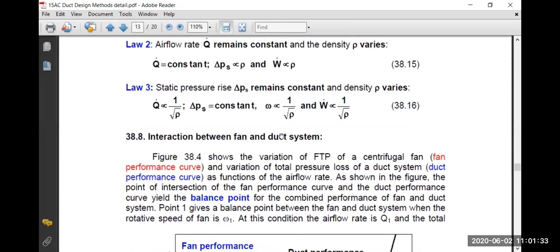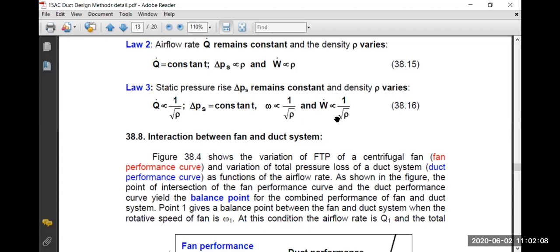Now, the third law is applied when delta PS, the static pressure, remains constant, and density is variable. Third law of fan says that volume flow rate of the fan will be inversely proportional to the square root of density. And omega, the rotating speed in rounds per second, will also be proportional to the reciprocal of the square root of rho.